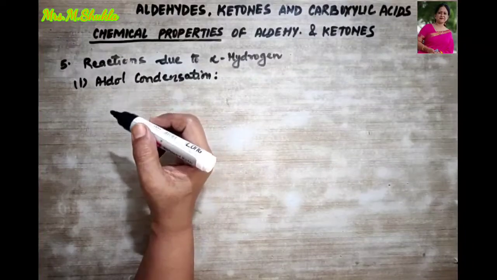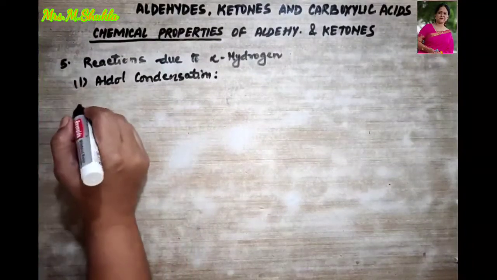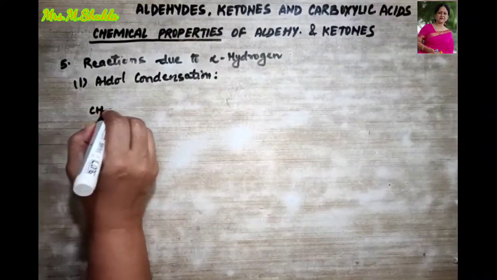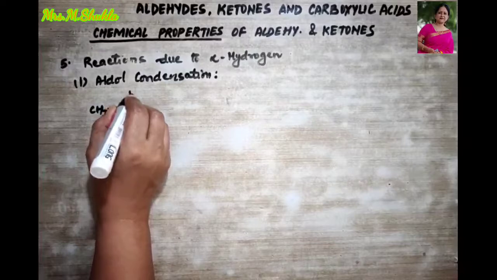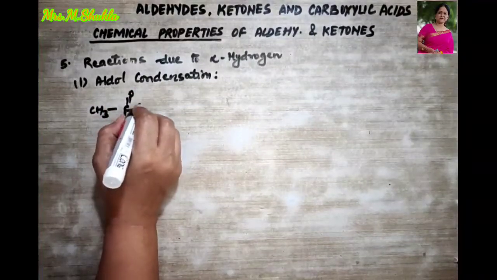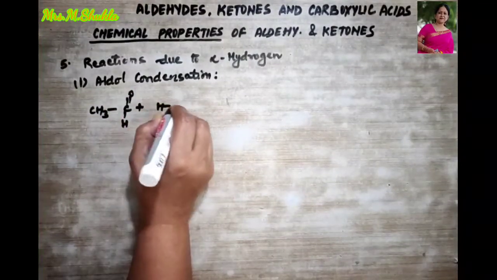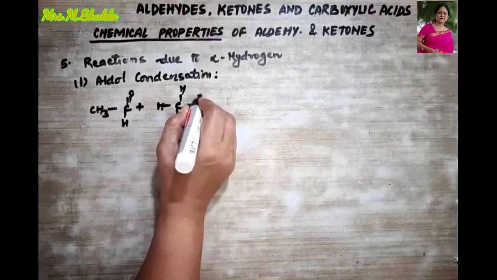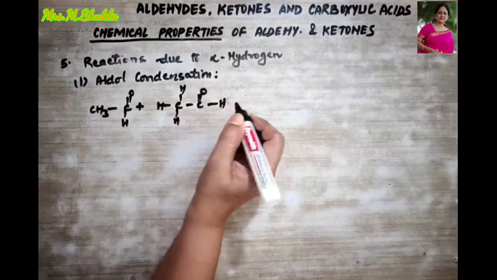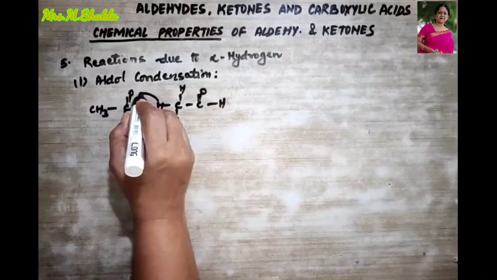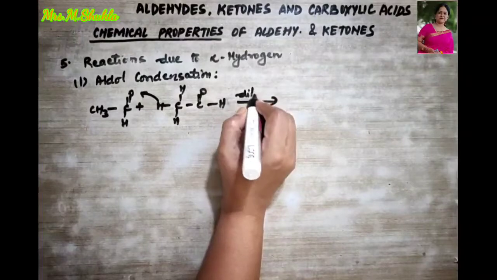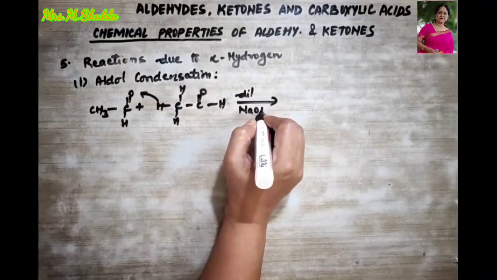Let us first see in case of aldehydes and then in ketones. So for aldehyde, if I take CH3CH double bond O plus HC double bond O, this will combine in the presence of dilute NaOH.